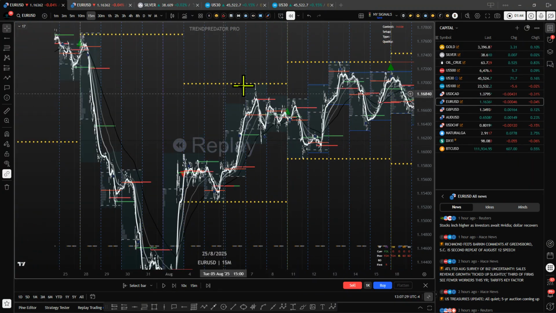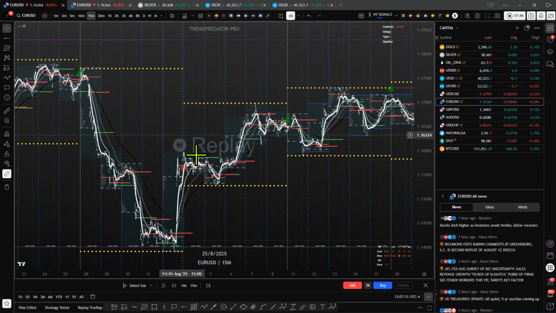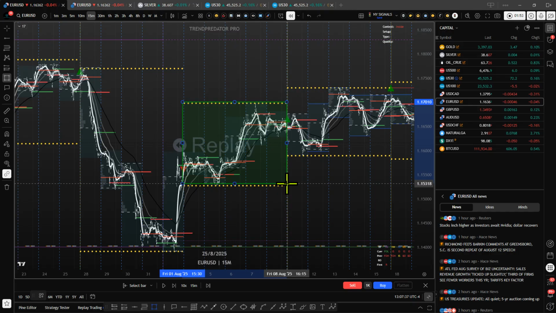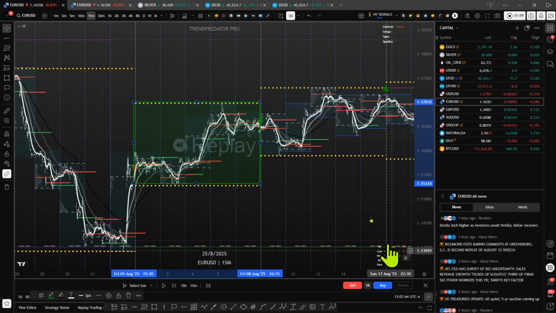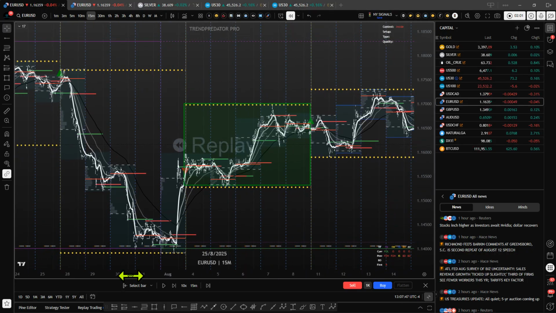So if you look at the weekly chart, here's the inside week. It's a week that did not take out the high or the low of the previous week.